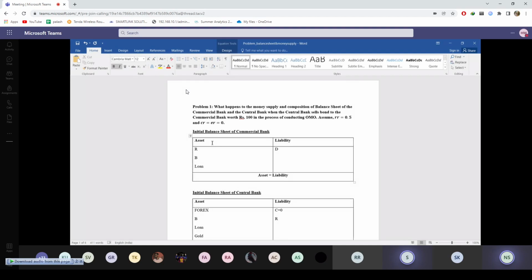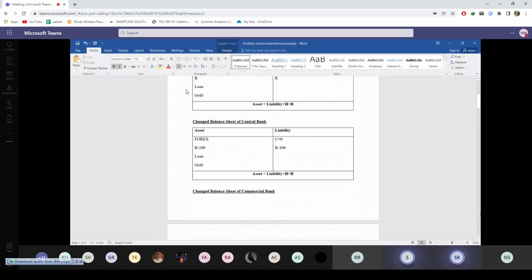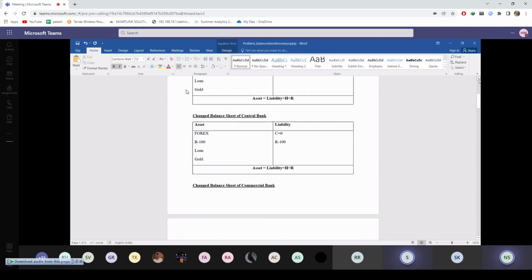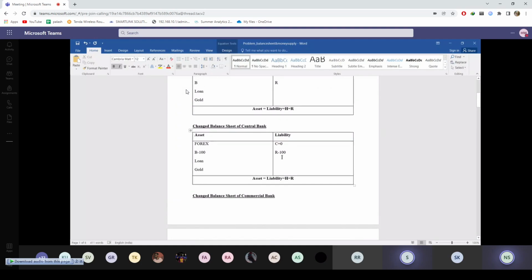Then I will show what is the change going to take place over there. So the central bank is pretty easy. Bonds fall by 100 units, and correspondingly reserves fall by 100 units. So the balance sheet is balanced, asset equals liability, no problem.